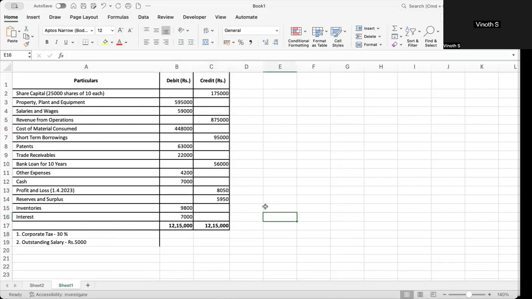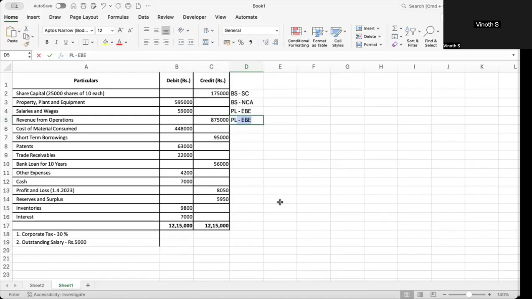Step 1, clear coding. Now this is share capital, balance sheet. Share capital, SC, the same title we will use under shareholders' funds. Property, plant and equipment will come under balance sheet, under non-current asset, NCA. Next is salary and wages, P&L, EBE.